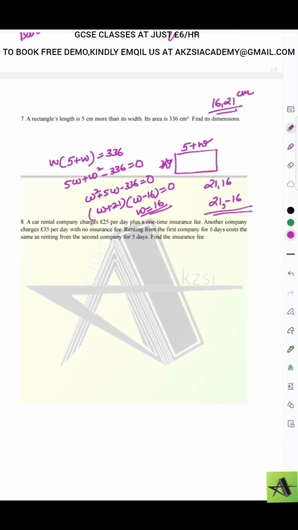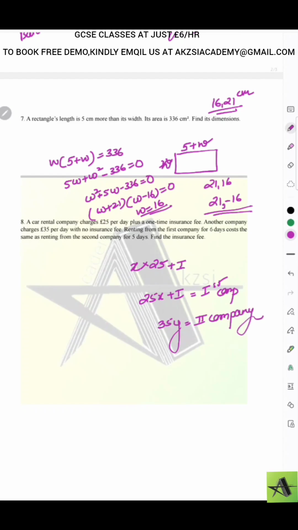So basically, it says a car rental company charges £25 per day, plus a fixed insurance fee. So per day is X. So 25X plus I, that's from the first company. Then the second is 35Y, that's from the second company.